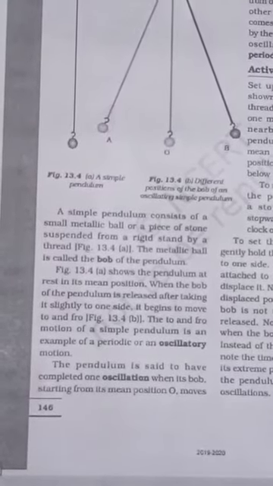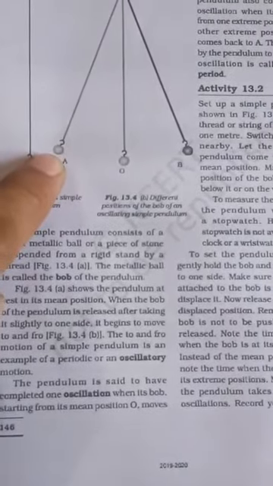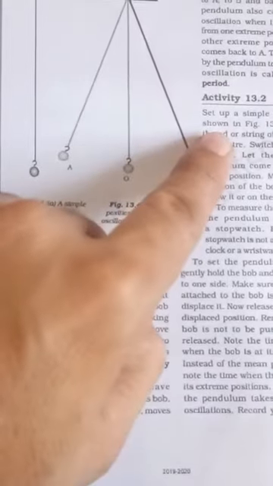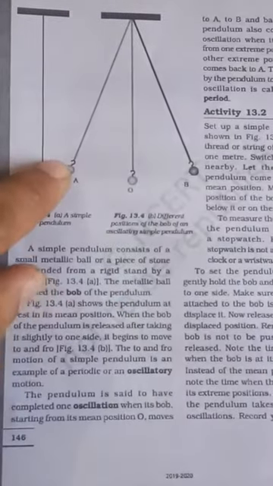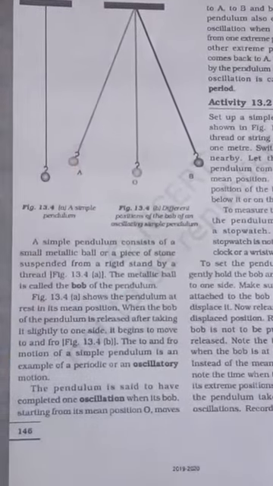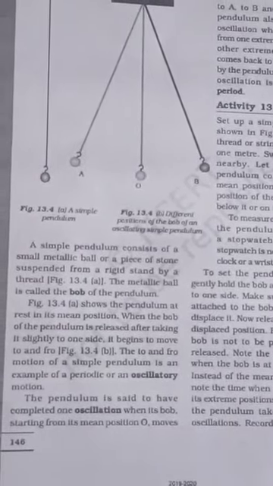When it goes from one extreme position to the other extreme position and returns back to the same position A, one oscillation is completed.